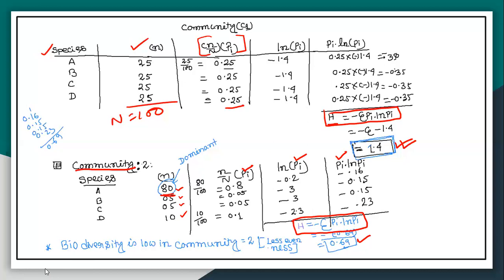Now we will see another type of biodiversity index calculation, that is called community similarity.